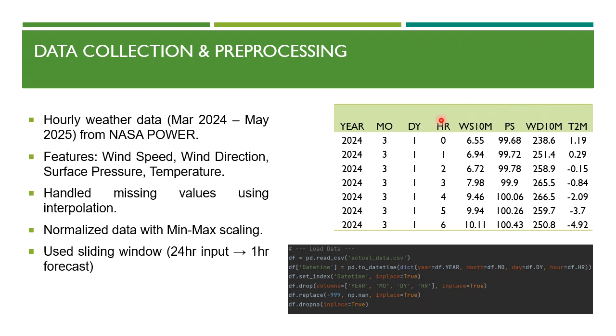Missing data was handled via interpolation, and I constructed a continuous time index series. I normalized all features using min-max scaling to aid model convergence. Finally, I used a 24-hour sliding window to construct the data. This means the model sees the past 24 hours to predict the next hour.